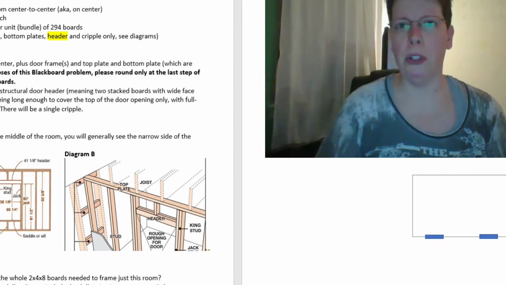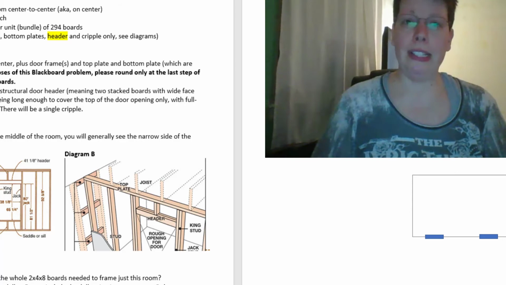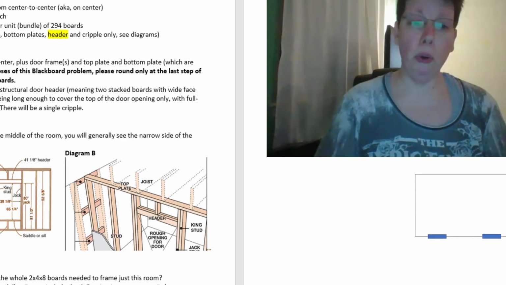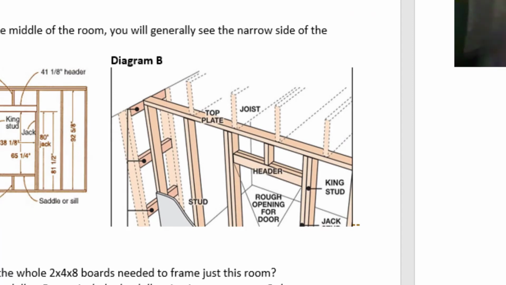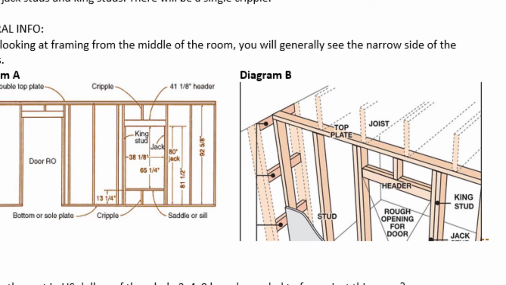So that's 4 boards right there. Also talks about there is a single cripple over the door, and that is shown in both diagrams. A cripple is that small section of sort of stud that goes between the top plate and the header.